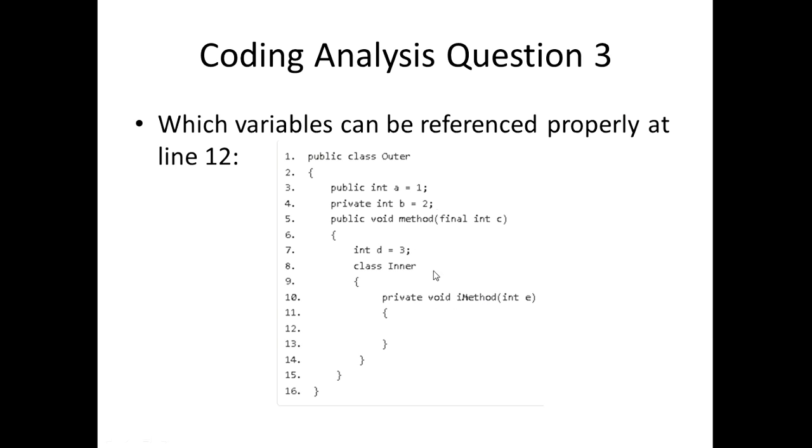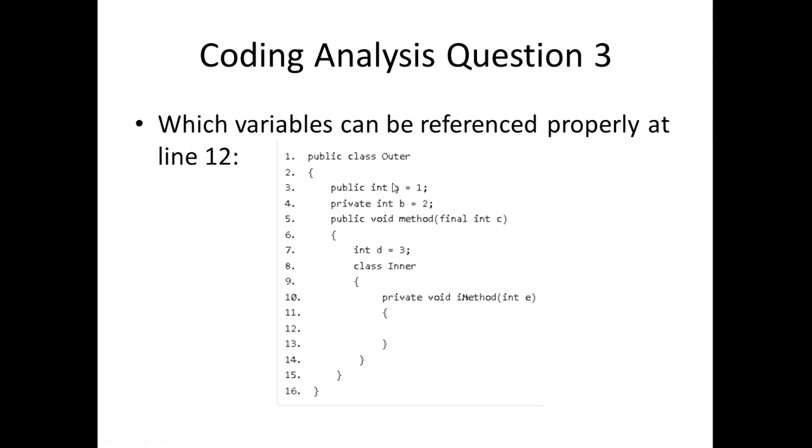So which variables can be referenced properly at line 12? Well, the first thing that you should know is this E. Since this method has a parameter, E is obviously going to be a variable that can be referenced inside of line 12.